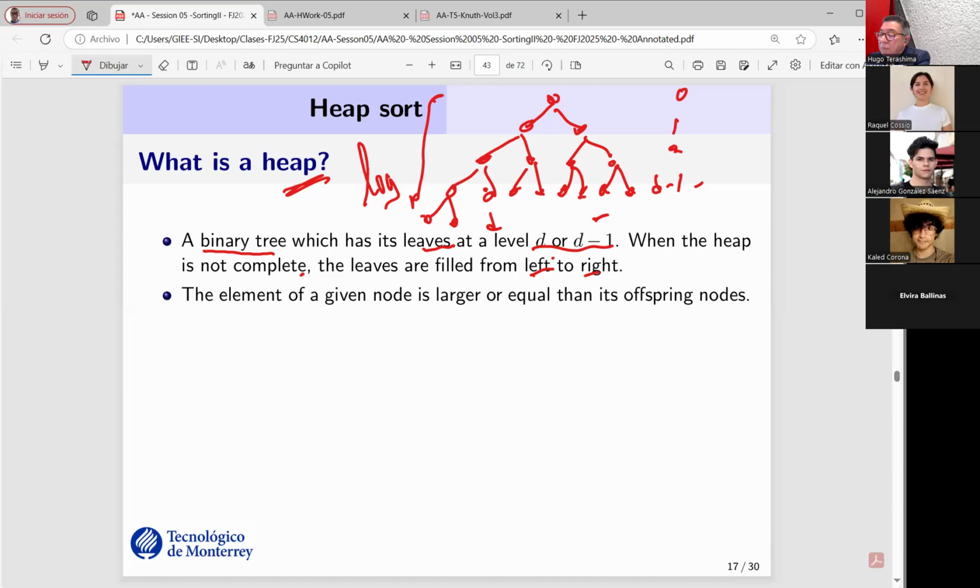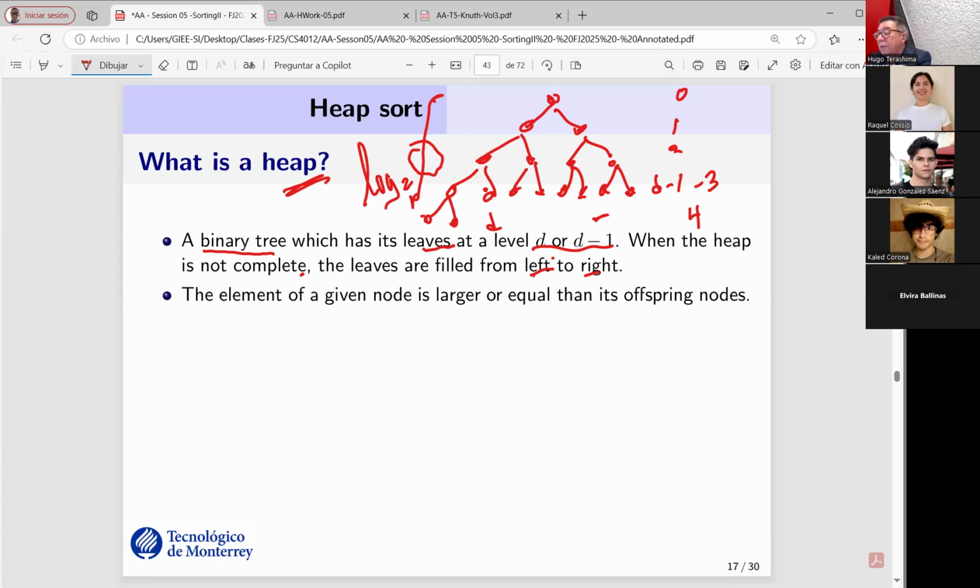Base 2, and the number of leaves here. So log base 2 of 9 is 4, right? And all the others are going to be 3, 2, 1, etc.